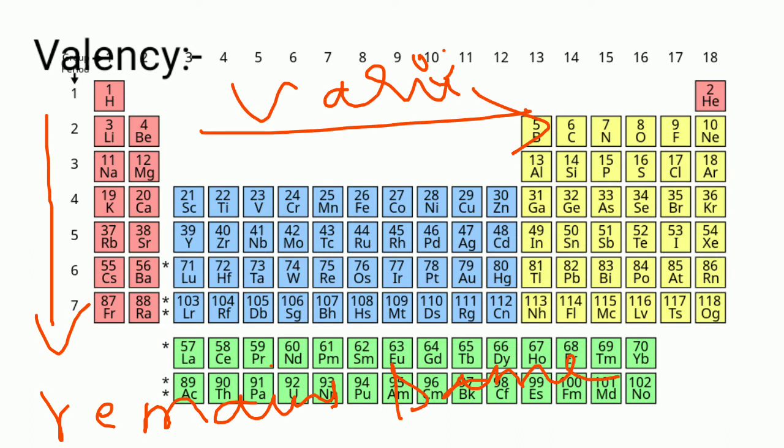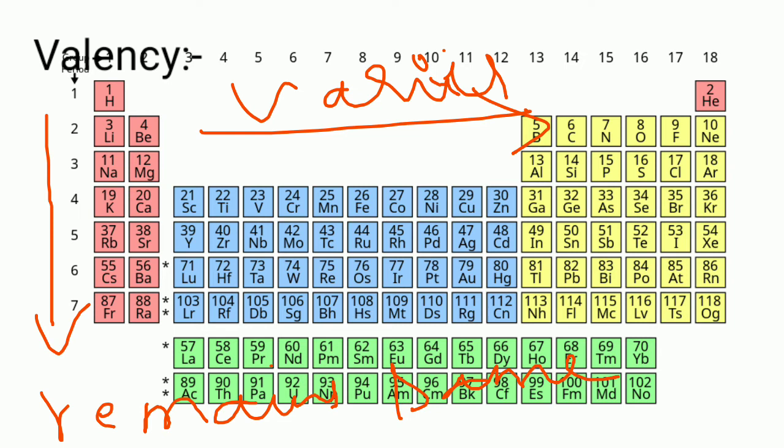Down the group, valency remains same because number of valence electrons remain same. Okay, valency is decided by number of valence electrons. So if number of valence electrons remain same, then valency will also remain same down the group. But across the period, first valency will increase, then it will decrease to 0.